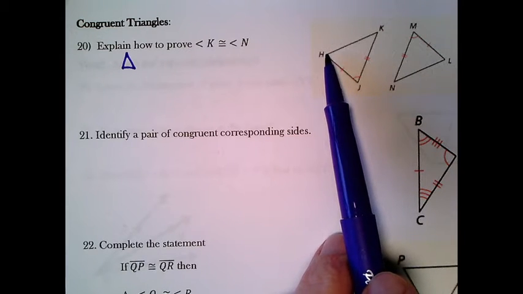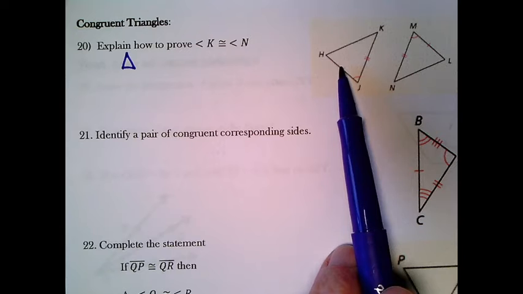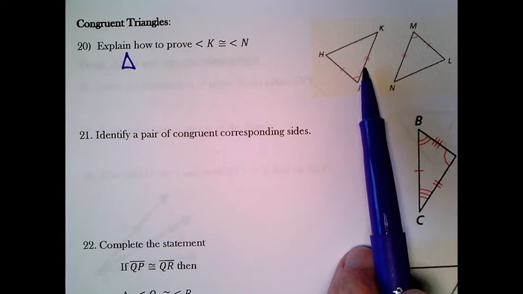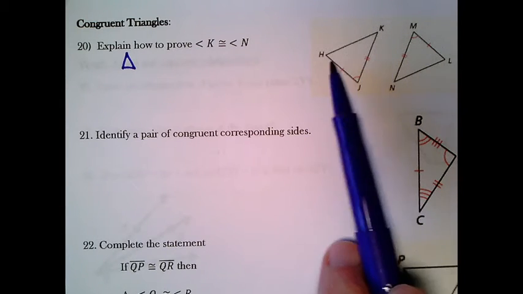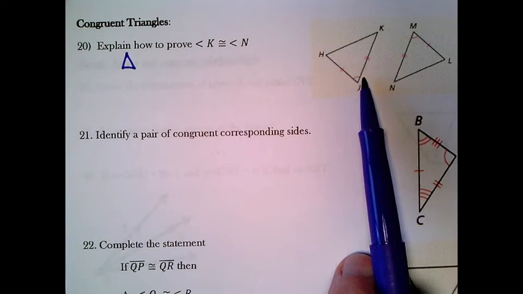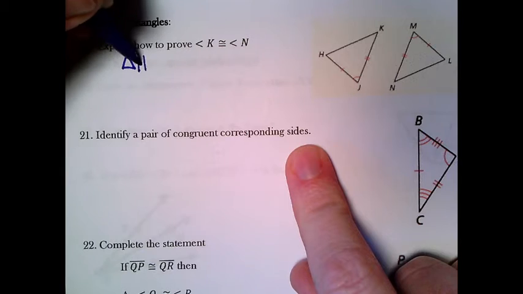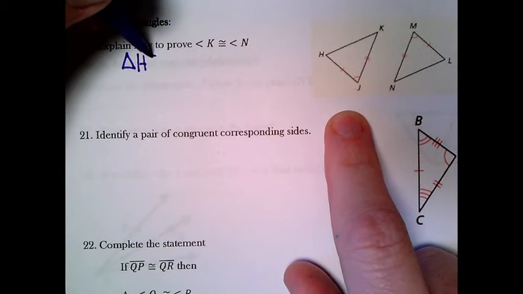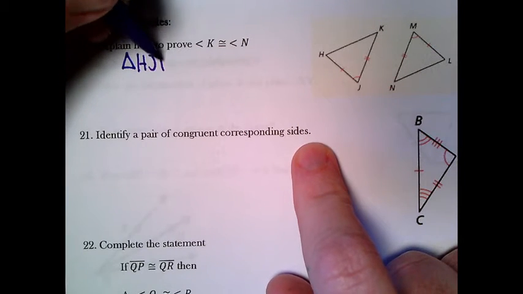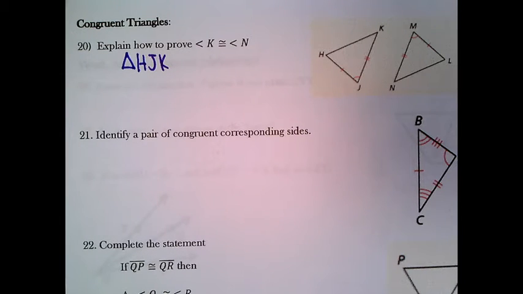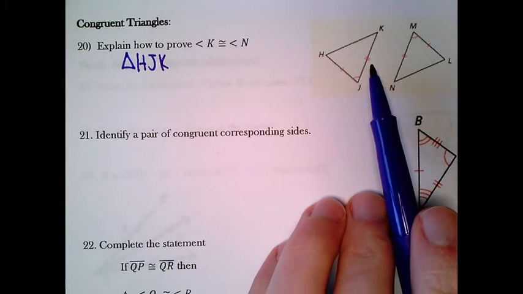I'm gonna go along where I hit the 1 dash, the 1 arc, and then the 2 dashes. When I do that, the order is H, J, K. And that triangle is congruent because it's side, angle, side.